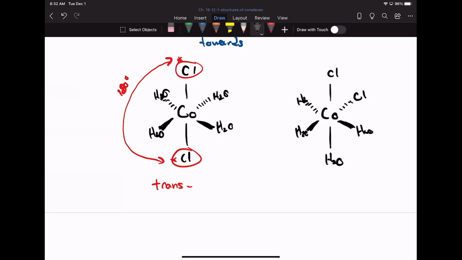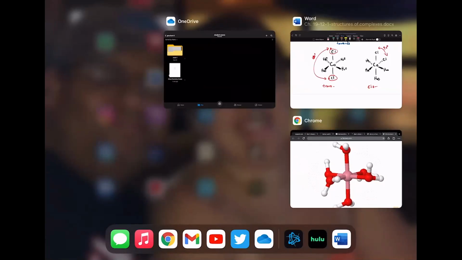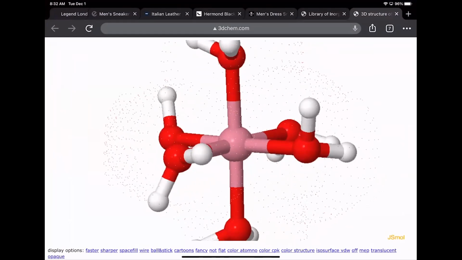So the angle between both of these is about 90-ish degrees, right? And this is something we would call cis. So we can have cis and trans in these coordination complexes. And let's take a look at one where maybe we can see a better configuration of this trans here.